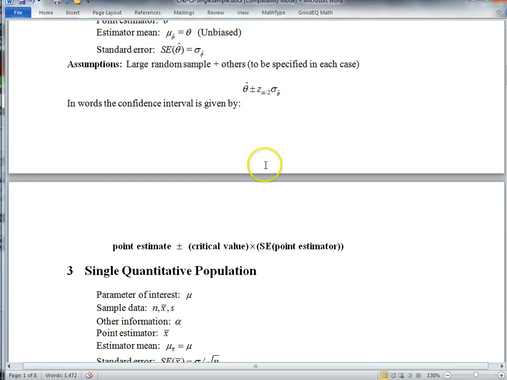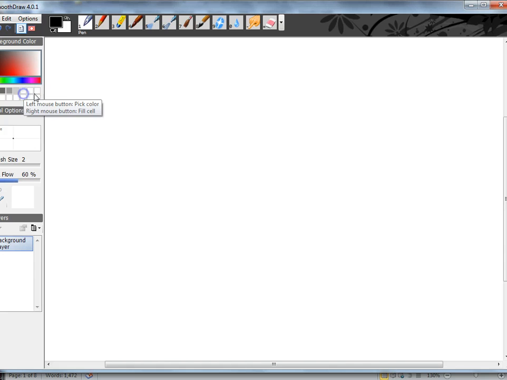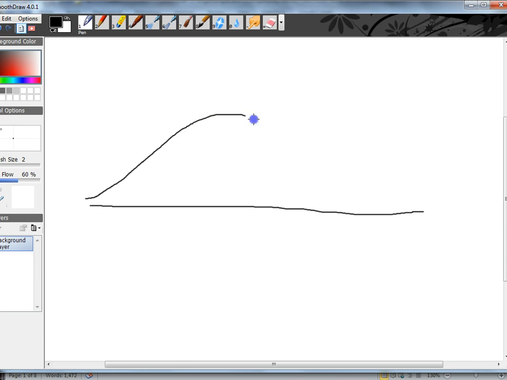So what is this value? Let me tell you what this one is here. When we compute confidence intervals, we are going to need those values. This is my normal distribution, and I'm going to have, say, this point here, another point here, and another point there.